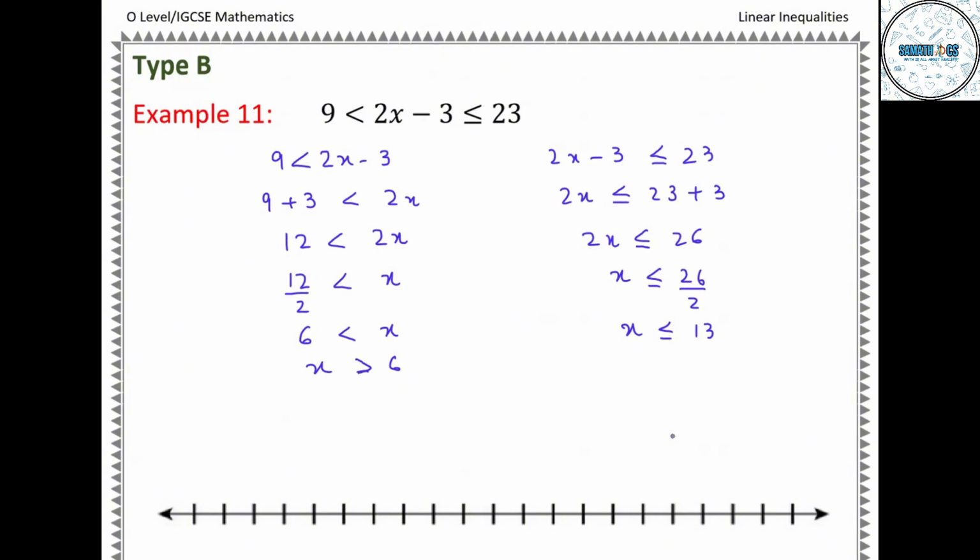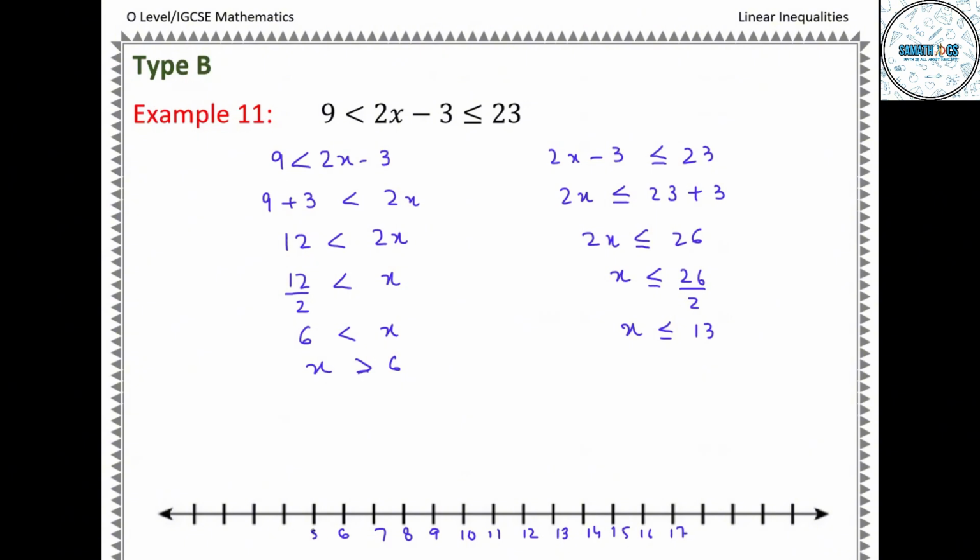We have to mark the numbers from 6 till 13. So if we mark here 6, then we have 7 here, 8, 9, 10, 11, 12, 13, 14, 15, 16, 17.